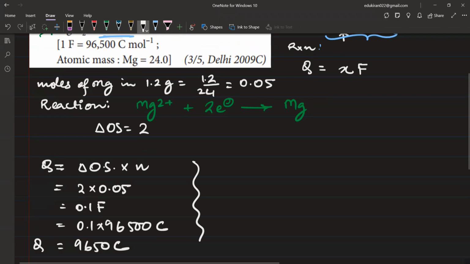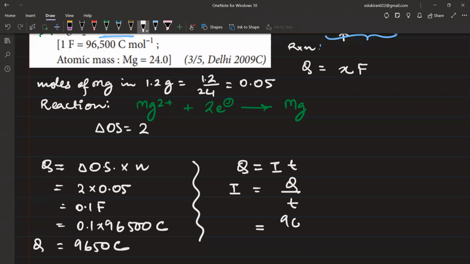Now we have got the Q, and we also know that Q is equal to I into T. So I will be equal to Q by T. So you have 9650 coulombs divided by 60 into 60 seconds, right?